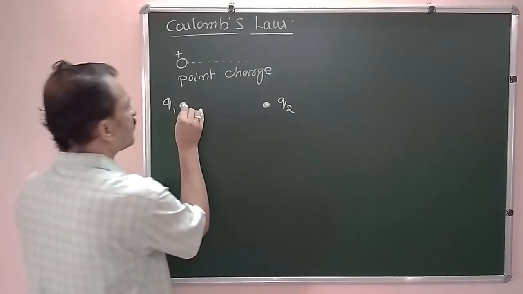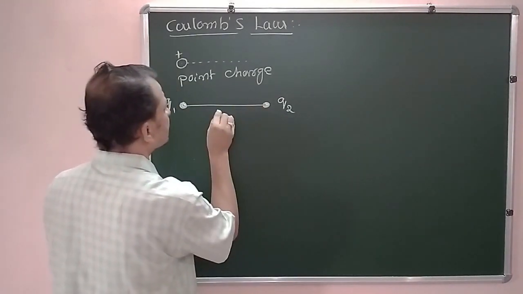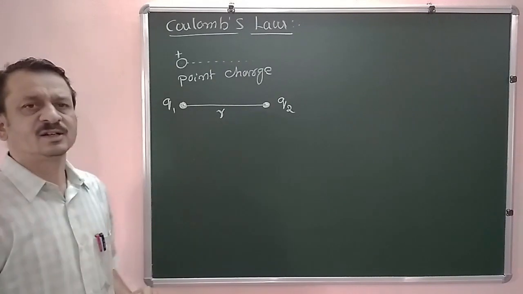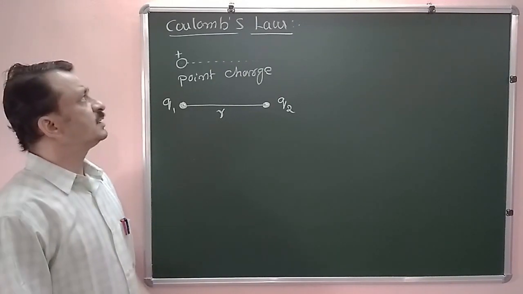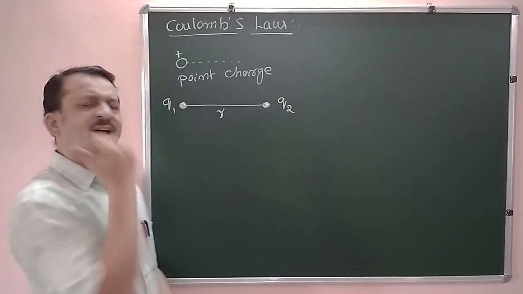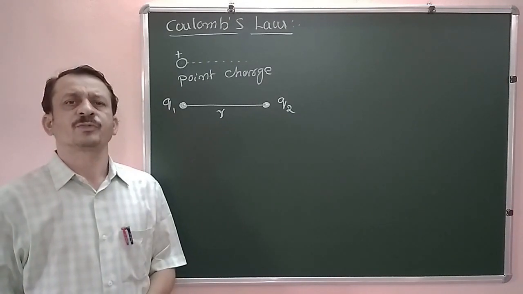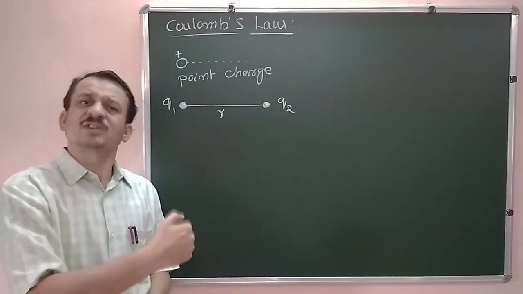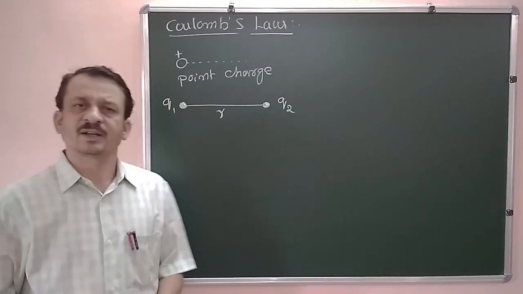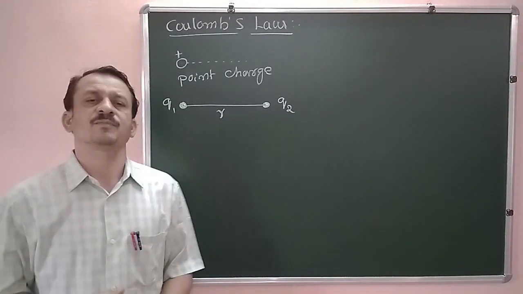If they are separated by a certain distance r, then there is obviously an electrostatic force. The magnitude of this electrostatic force is given by Coulomb's law.